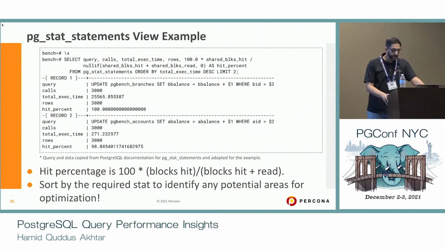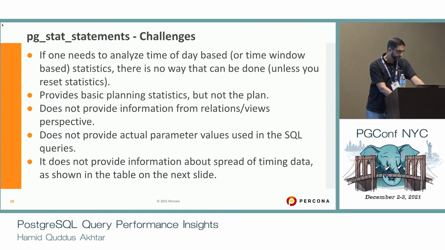It's a simple ratio of blocks hit and blocks hit plus read. And then obviously you can sort it to see which queries are being executed more, which have the total time of the highest order.